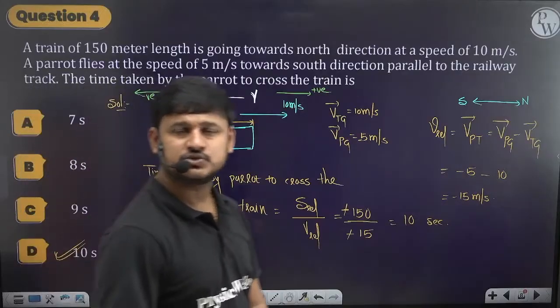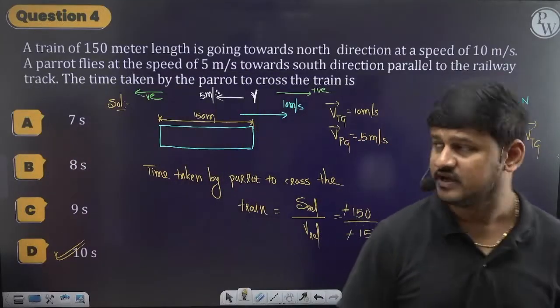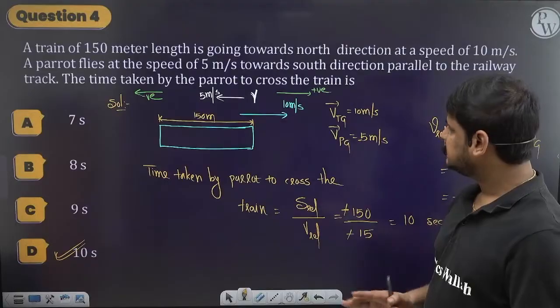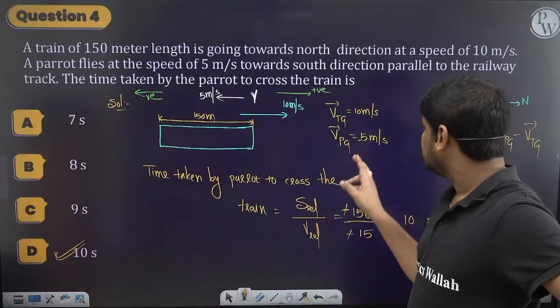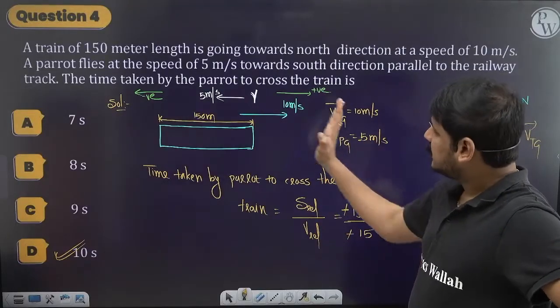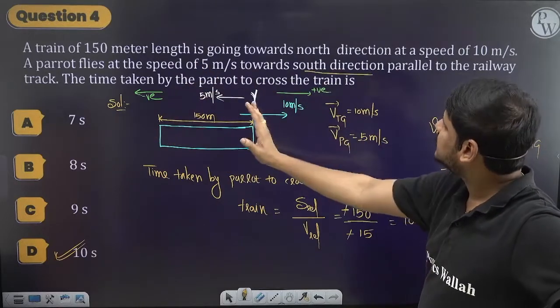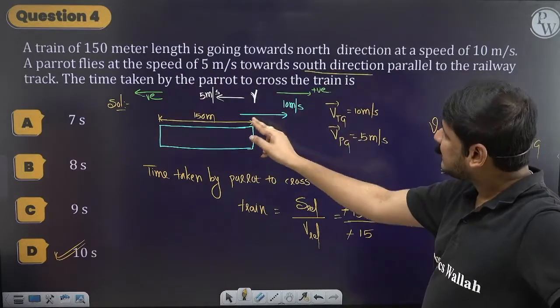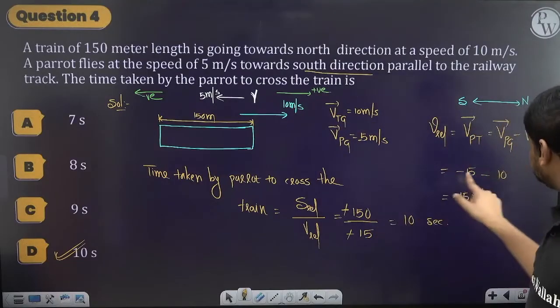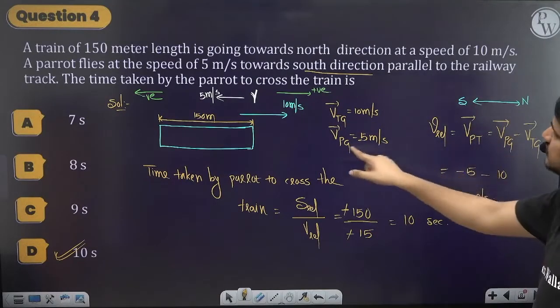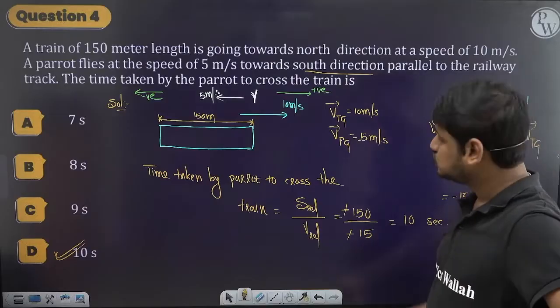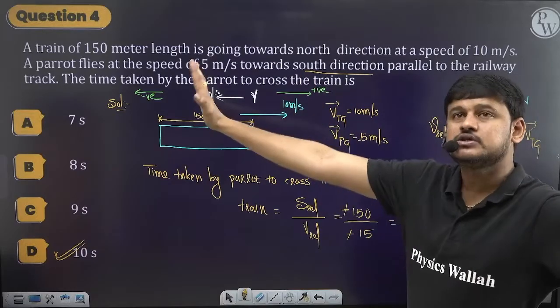Hope you guys understood the concept. Any doubts here? Just the sign conventions you have to take care of. Why is this minus 5? Because it is moving towards the south direction, and we consider north as positive. That's why the train velocity, I took as positive, 10, and the parrot's velocity with respect to ground is minus 5.